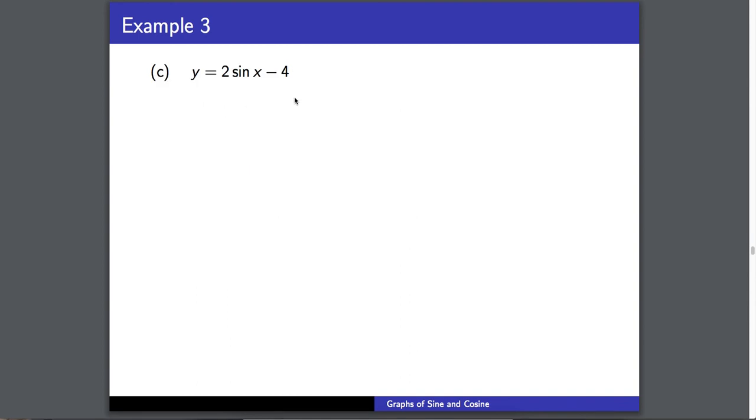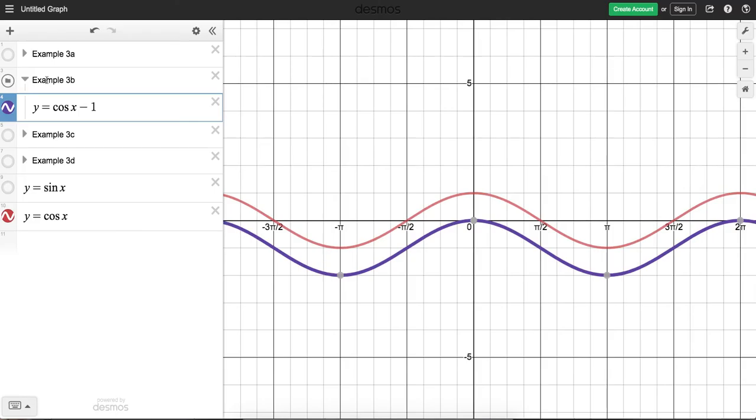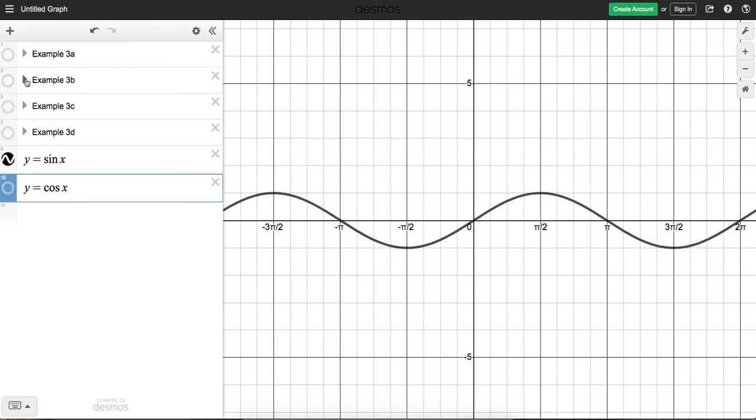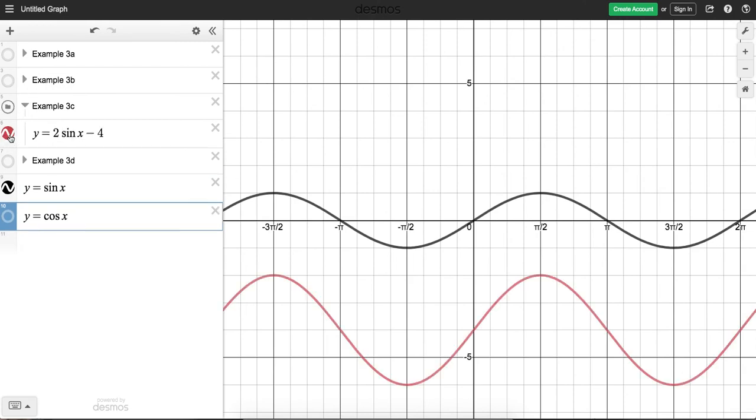Part C, 2 sine x minus 4. Here's our sine graph, our parent function, and let's look at 2 times the sine of x minus 4. As we can see, it did change the overall appearance, because the 2 out in front of the sine of x vertically stretched it by a factor of 2.